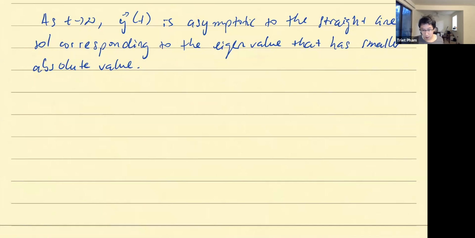All right, so for the last 20 minutes, let's continue to discuss 3.4, complex eigenvalues.